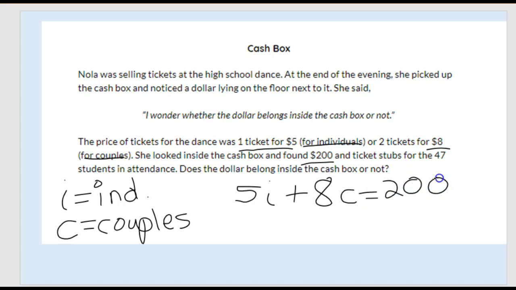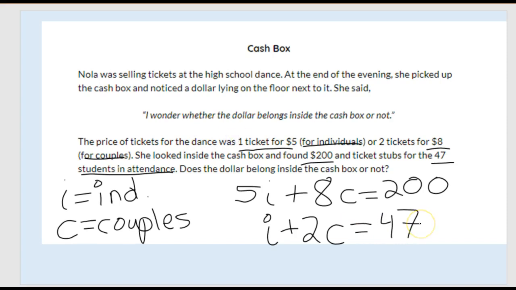So this is all going to equal $200. The second part of my information tells me that there were 47 students that attended. So if I add the number of individuals, I, and the number of couples times 2, because there are 2 people that make up one couple, there should be a total of 47 students.